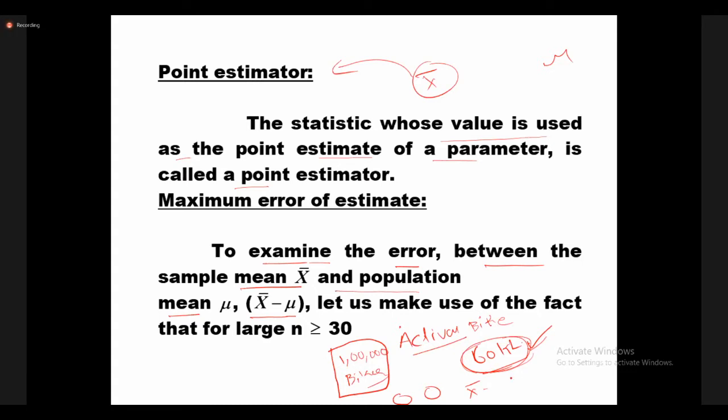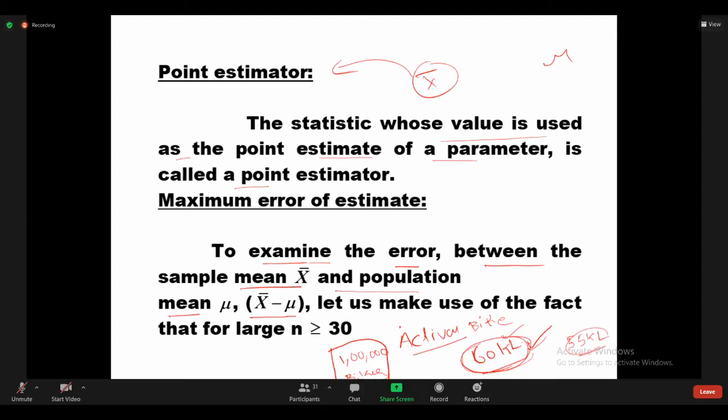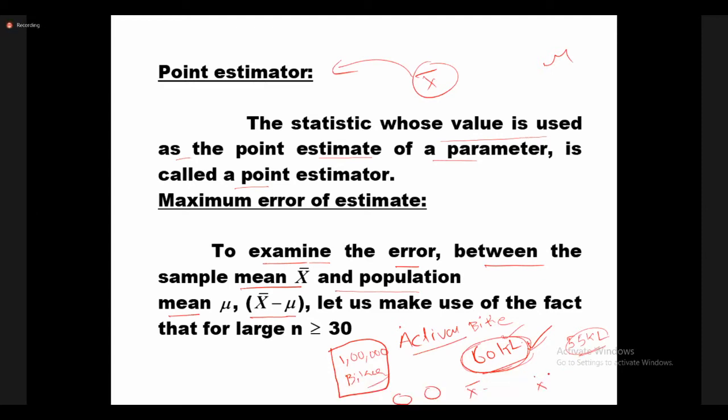By seeing that ad, somebody purchased a bike, but they are getting only 55 kilometers per liter. It is not up to the mark, so they will get some error. The sample mean x bar minus, actually the company's population mean mu equals 60.